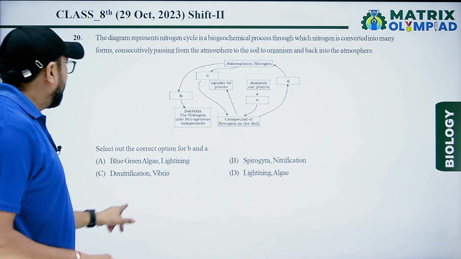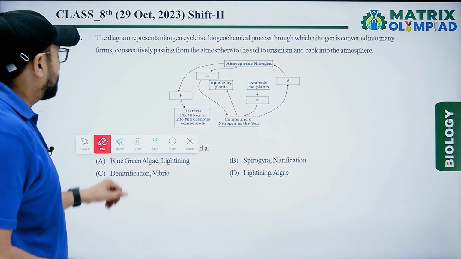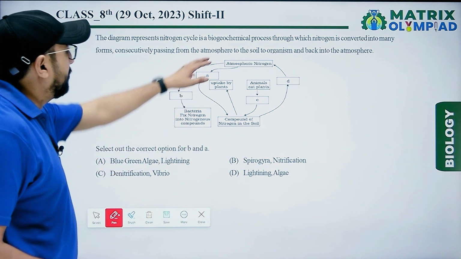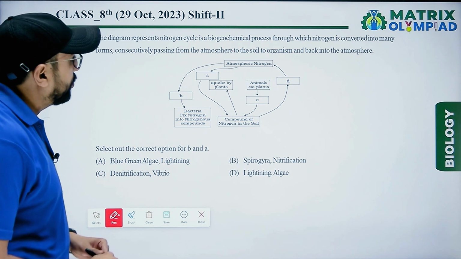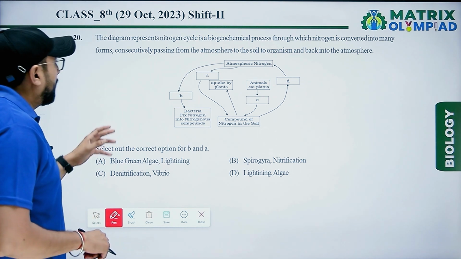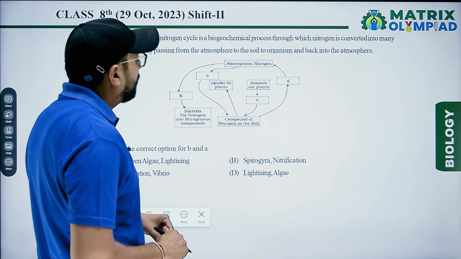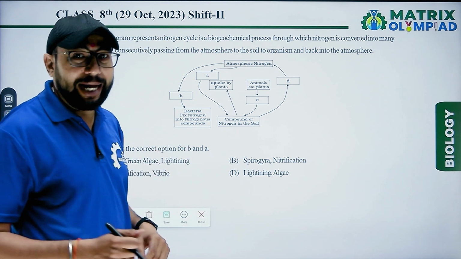Next question, that is a diagrammatic question. The diagram represents the nitrogen cycle, a biochemical process through which nitrogen is converted into many forms. Consequently it passes from the atmosphere to the soil to organisms and back into the atmosphere.